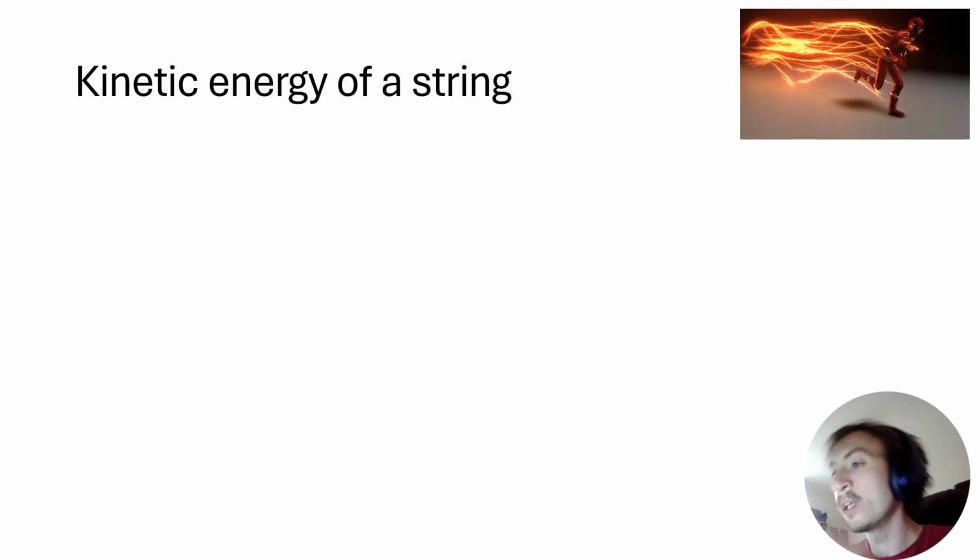So we said that we needed to define the action in order to use Hamilton's principle of least action. But the action depends on the Lagrangian, and the Lagrangian in turn depends on kinetic and potential energy. So we need to get to the kinetic energy and the potential energy of our idealized string, which we'll come on to in the next part of this video.